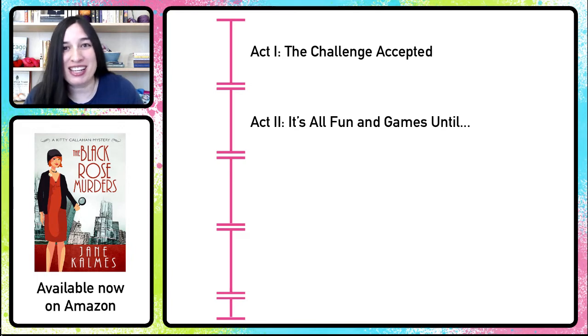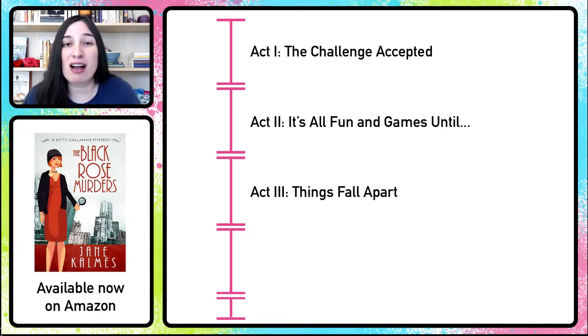We begin digging into the investigation and learning more about the characters that surround the sleuth. Act 3 is called Things Fall Apart. And here's where things get hairy for your sleuth. The stakes and momentum of your plot are going to escalate, and your sleuth is going to suffer some crushing defeats.